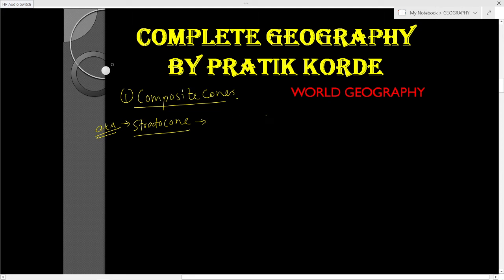So the characteristics of this composite cone is such that, if this is the volcano, this is the main vent which will be connected to the batholith, sill, laccolith.